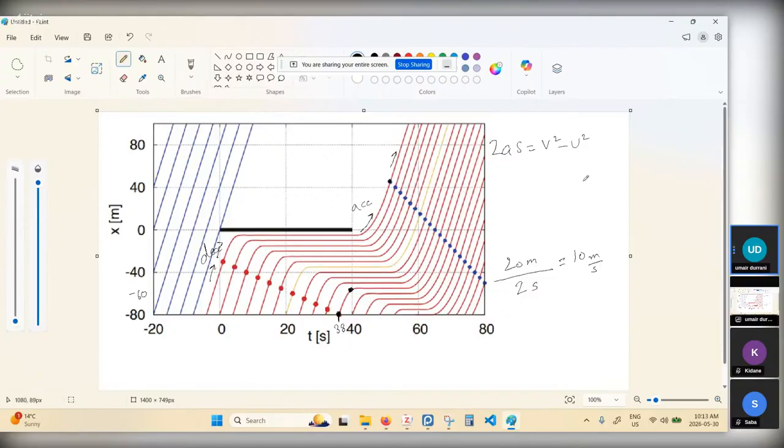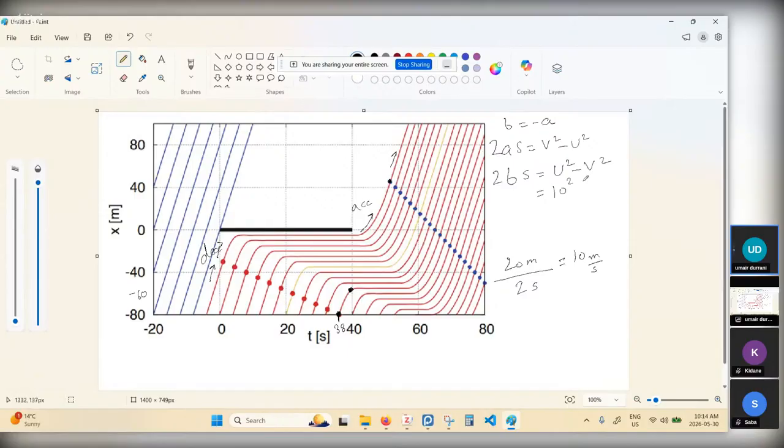And for deceleration, if we use b, then b is minus a because it is deceleration. In that case, this would be u squared minus v squared. And we know that the initial speed is 10 meters per second.